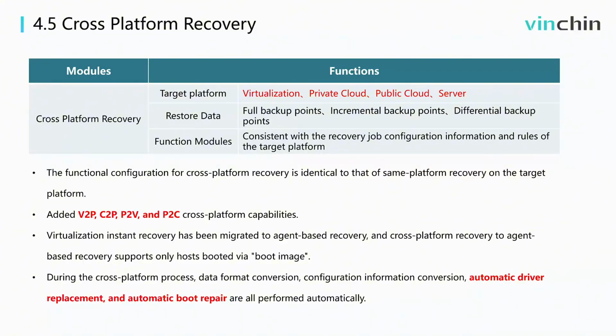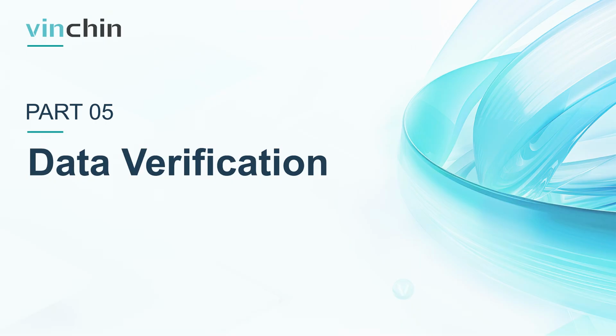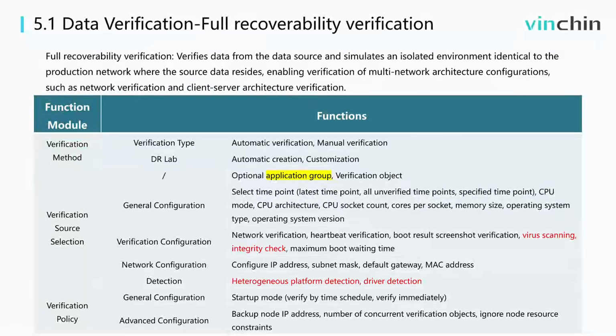And the next one I want to mention is our data verification. That is a full recoverability verification. Verifies data from the data source and simulates an isolated environment identical to the production network where the source data resides, enabling verification of multiple network architecture configurations, such as the network verification and client-server architecture verification.